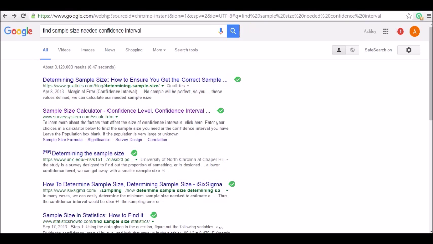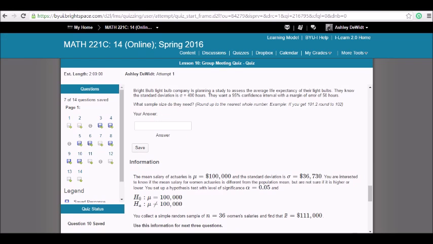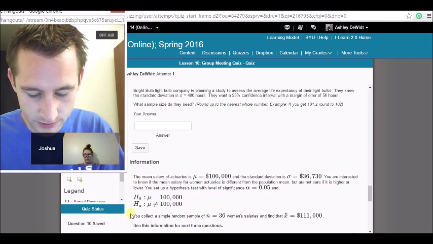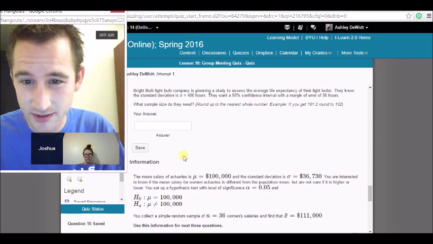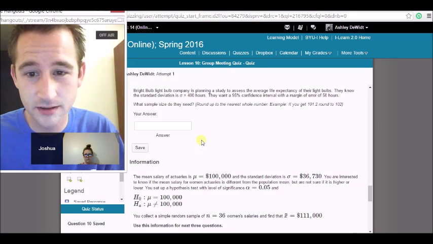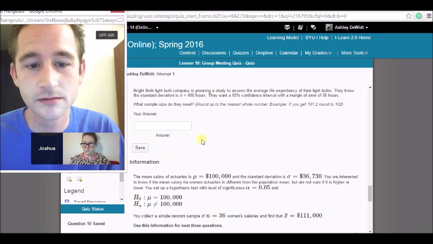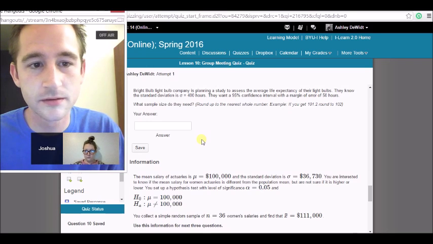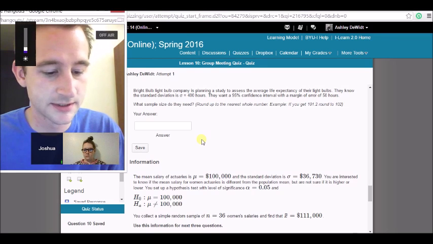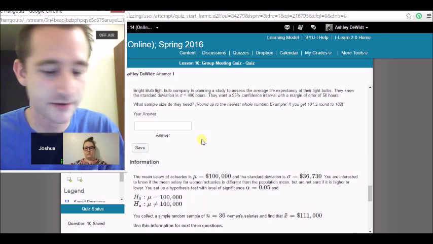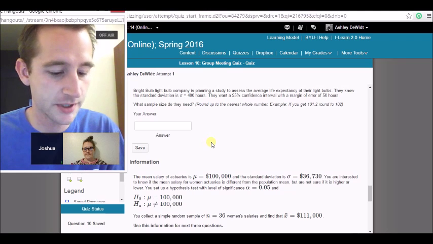So we take 1.960. Use the standard deviation, which is 400.